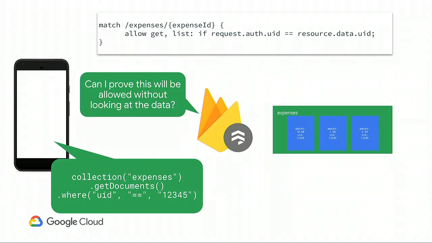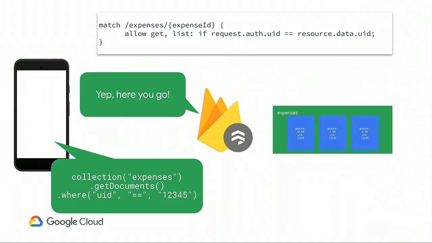Because if we had to look at a billion documents in order to return you one document, that would be an incredibly, incredibly slow database and an incredibly slow product. And that's not the promise of Firebase, and especially not Cloud Firestore, where we have to do tens or hundreds of milliseconds of sync time. And so the answer in that case is yes, we can, because you've provided information in the query that we match with the rules that you've written. So that's the concept that you need to think about when you're writing Firestore rules, is we're validating it based on the rule and the query, not based on the underlying data.